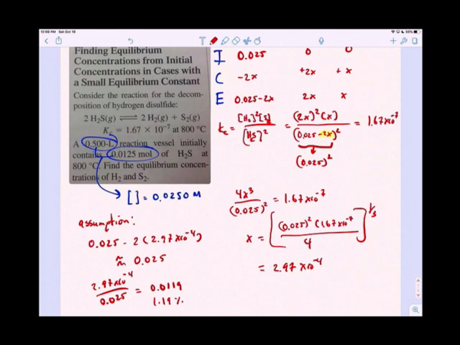And so the question I get from students is when can I apply this x is small approximation and when can I not? Well, it really depends on what your error is. The nice thing about this day and age is that we have lots of computers, and if you are programming your computer for your controller and you're a chemical engineer and you've got all these great solver functions, just go ahead and solve it exactly. You don't have to discount it.